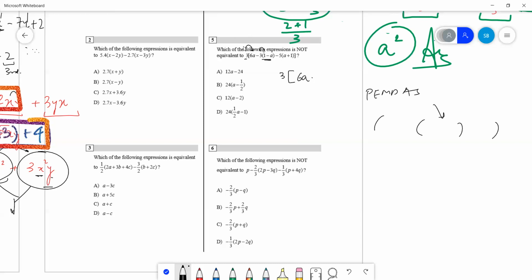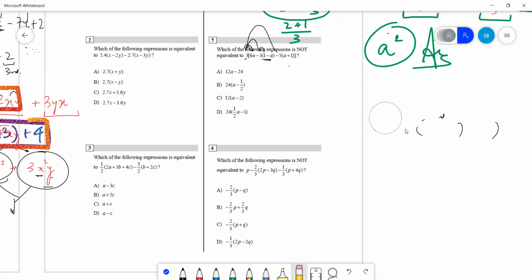Otherwise, we can do that. We can do 3 times 6a will be 18a, and we can do 3 times negative 3 will be negative 9 times 1 minus a, and then 3 times negative 5 will be negative 15 times a plus 1. That is also correct.